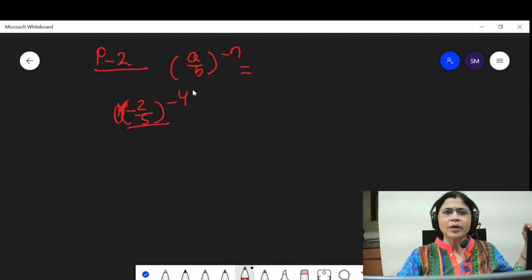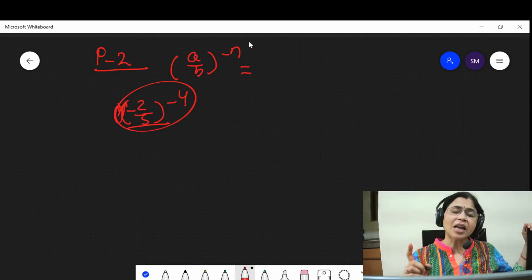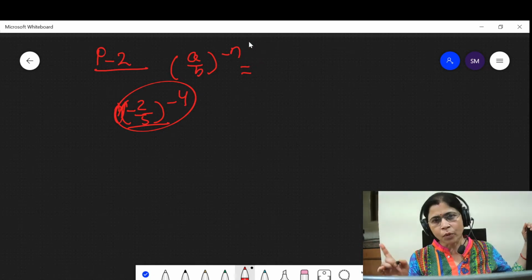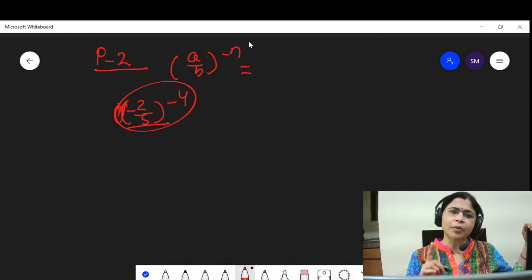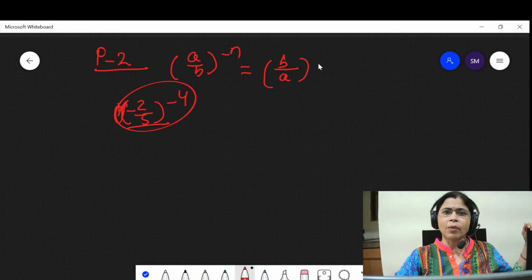When the exponent is a negative number, let us at first convert the exponent into positive. How can we convert the exponent into positive? Take the reciprocal of the base. This is equal to b upon a to the power n.